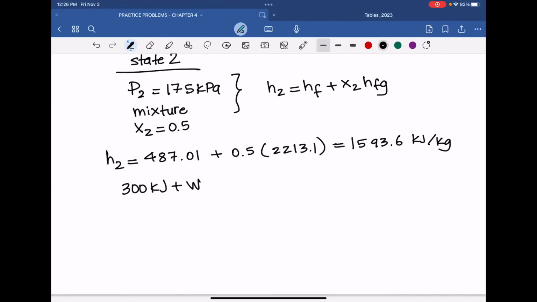And we need to find electric work, which is equal to mass times H2 minus H1.